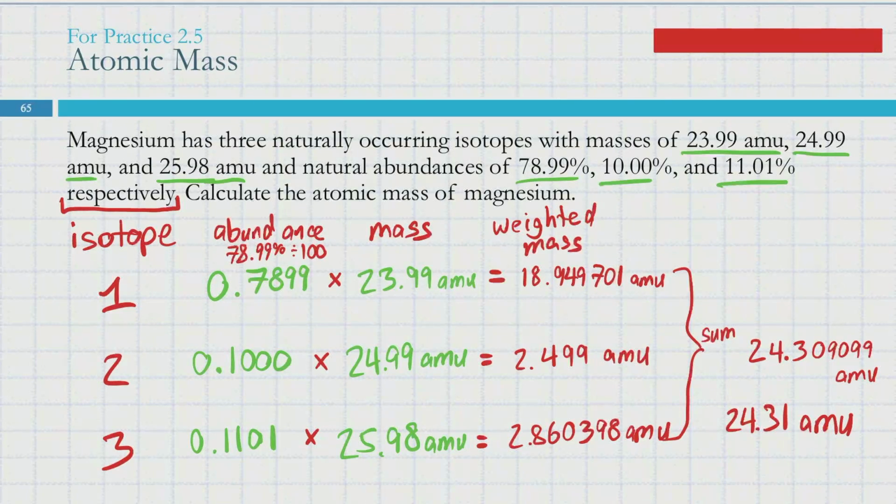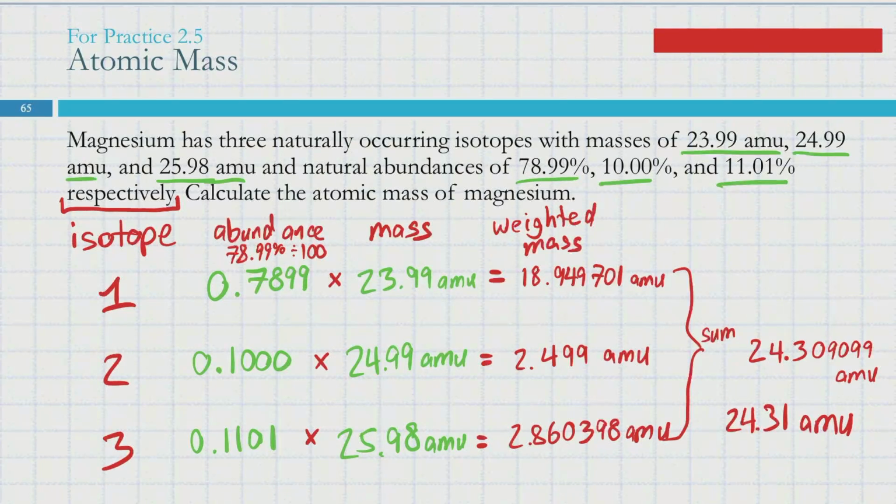We're doing an average. There are a couple of signs that things could have gone wrong. One big tell: if we get a number for our final answer, this is an average. An average, we're always going to get a number that's between our biggest value, 25.98 AMU, and our smallest value, 23.99 AMU.